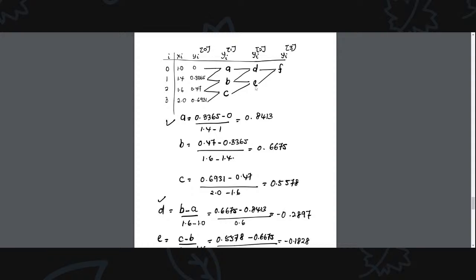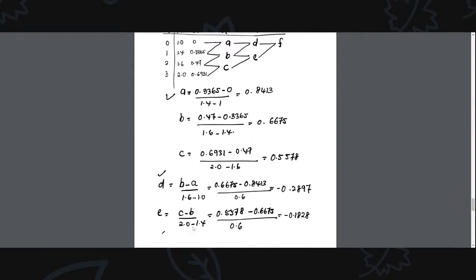For example, if you want to find E, it is y[0,1,2], that is y2 minus y1 of order 1 divided by x3 minus x1. To get E, you need to follow this formula.